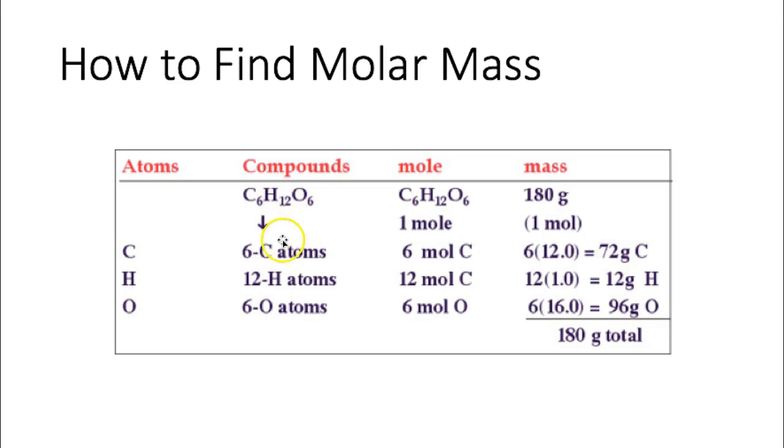I multiply 12 atoms of hydrogen by 1.0, so 12 grams total for hydrogen. Then I multiply 6 atoms of oxygen by 16.0, which gives me 96 grams of oxygen. Next I add 72 plus 12 plus 96, and I get a total of 180 grams per mole for the molar mass of glucose, or C6H12O6.